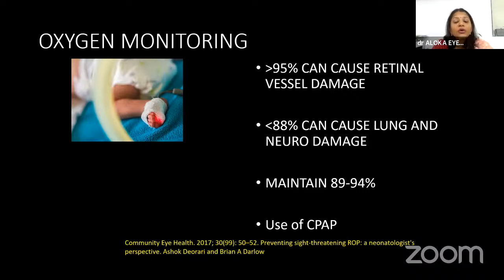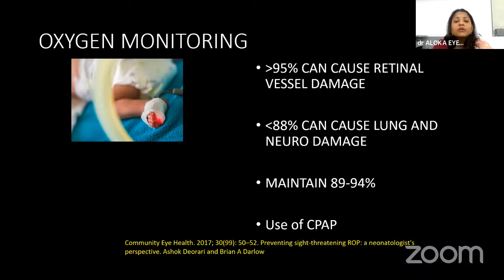So to help all the organs develop well, they have formulated a cutoff to put all your monitors on this alarm, where it ranges anywhere between 89 to 94%. So the alarm should go off if below or above this value.